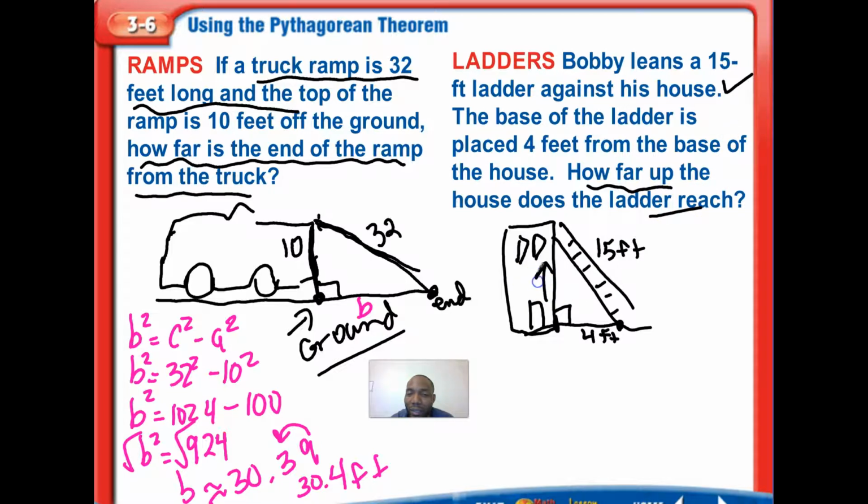I'm going to call this my A because I usually call the side that's vertical A. So what is my formula for A squared? A squared is equal to C squared minus B squared.